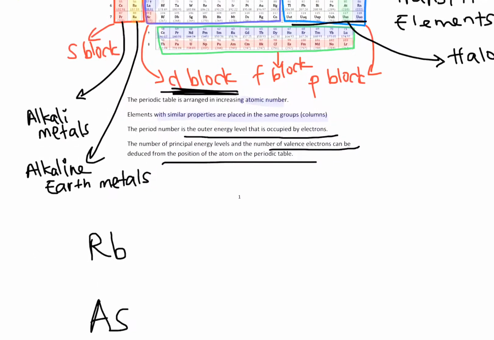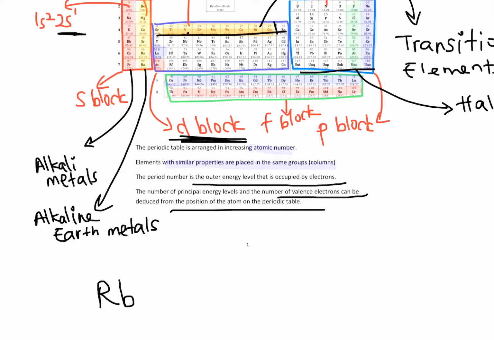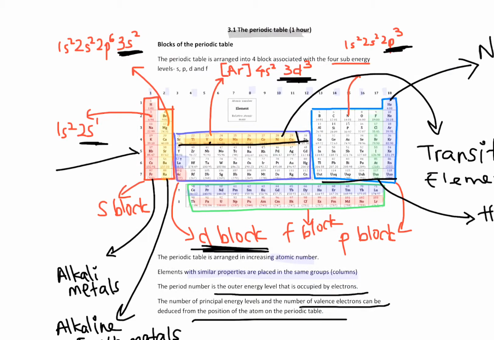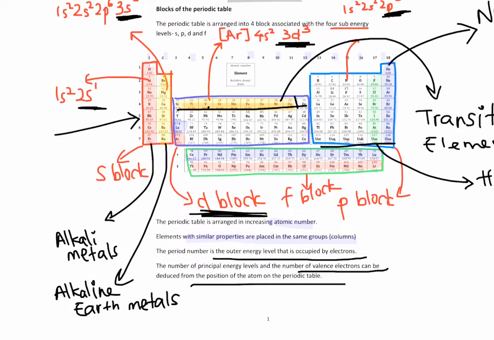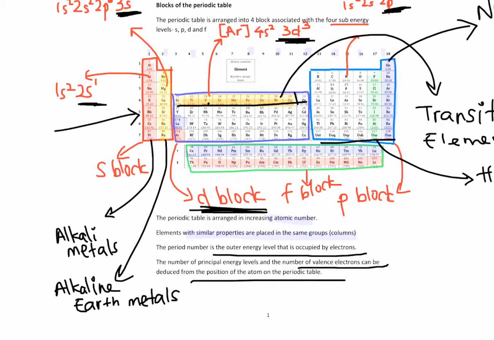So let's take rubidium, for example. Let's say we have to write the electronic configuration. If you look at it, it's found in the 5th period, which means that the last energy level has to be the 5th energy level. And we will write the electronic configuration by looking at the noble gas that is just before it.